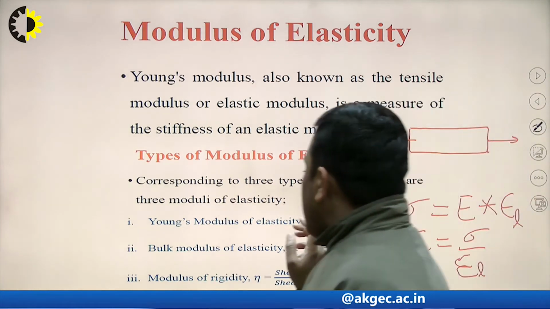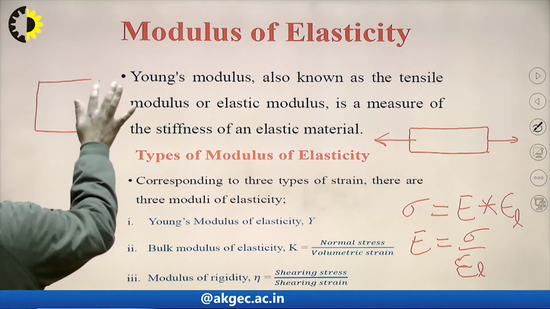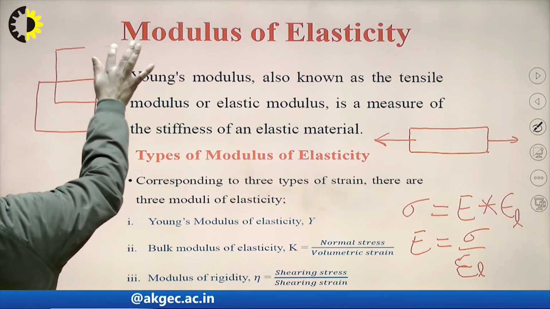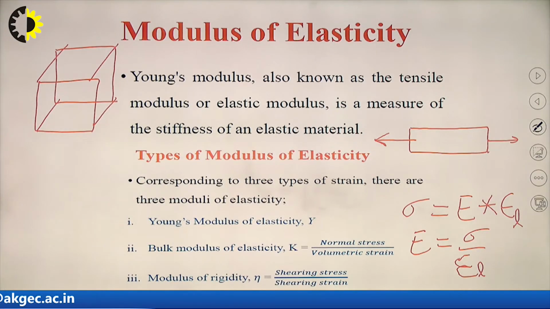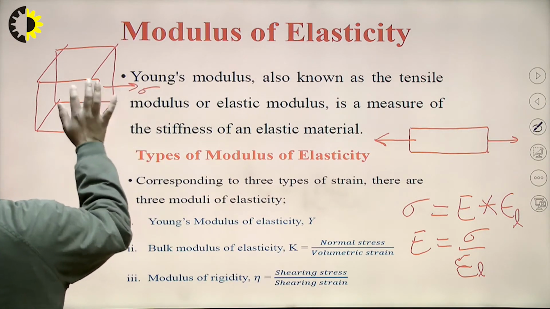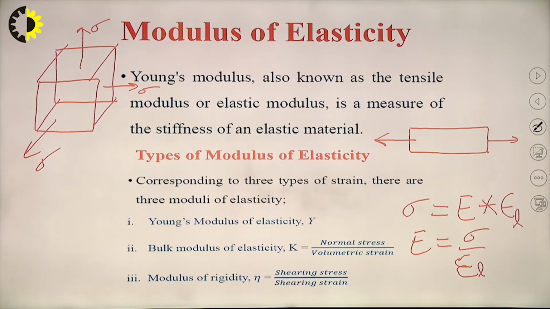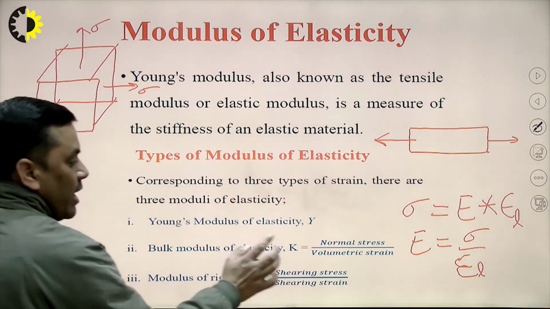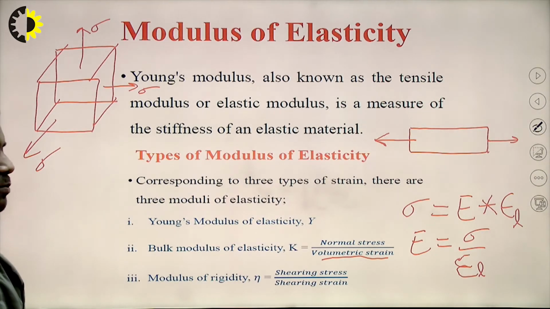Now, whenever I am talking about the volumetric change, as in the previous video also, whenever a block is subjected to like and equal stresses on all its faces, on all the 6 faces, it is having a normal stress, then there will be a change in volume, and that volume change taken with respect to the actual volume is the volumetric strain.